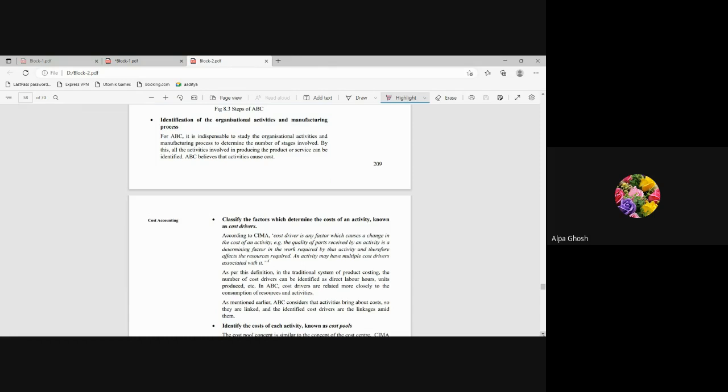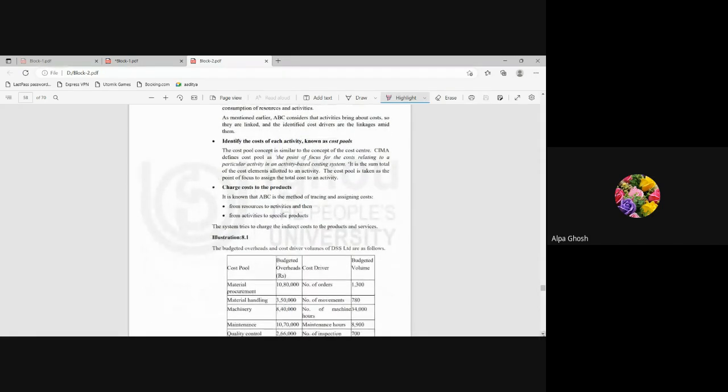The larger the activity, the more time it takes, and the more cost is involved. We need to identify the factors that determine the cost of an activity, known as cost drivers, then the cost pool, and then we charge them.